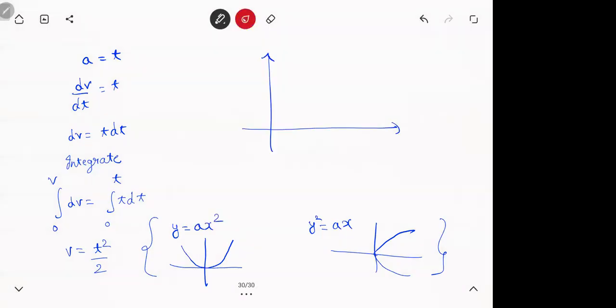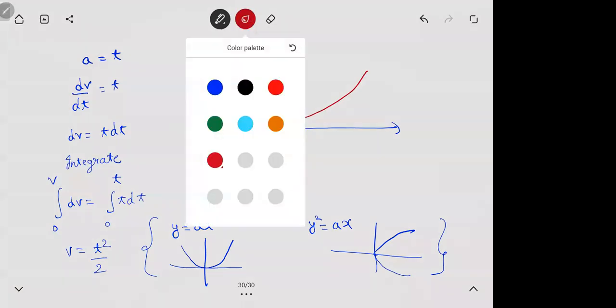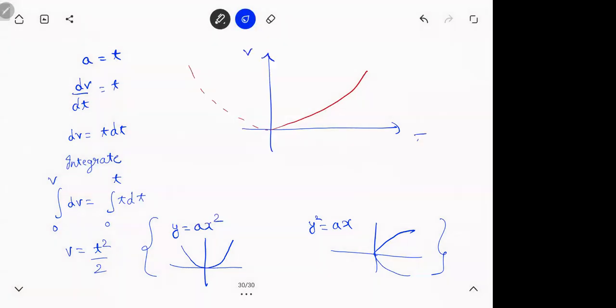If you see the graph, it should have been like this, but time can't be negative, no? So only we take the right side part of the graph. Time can't be negative. So C is the answer. Make sense? So you could have drawn it also. But then again, you had to do a little calculus and you should know a graph should look like this. So eliminating the options is actually much faster.